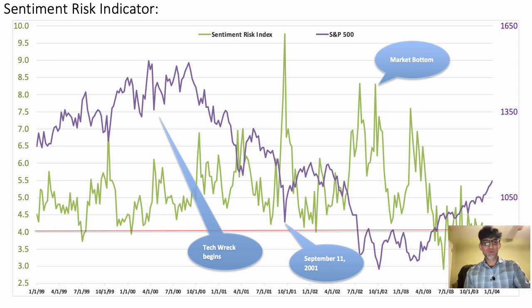The next one is September 11. Basically, there was a huge bear market between 2001 or even 2000 and 2002. Basically, after the tech wreck, and then we had the terrorist attacks of obviously September 11, 2001. And you can see it had given a pretty low number, almost a 4.